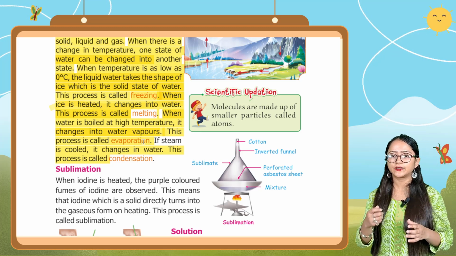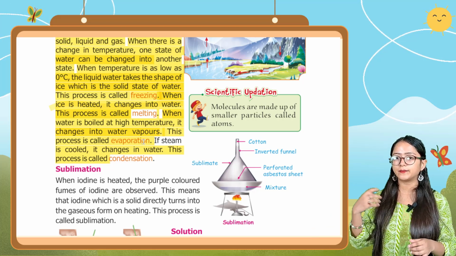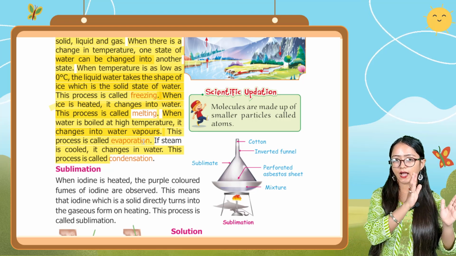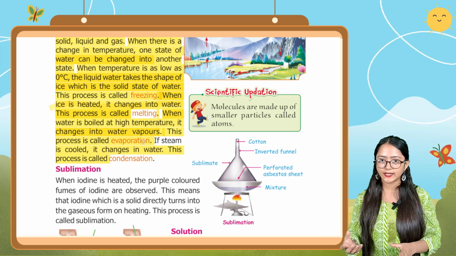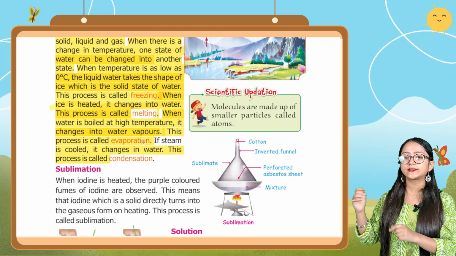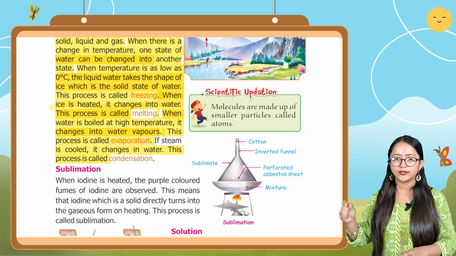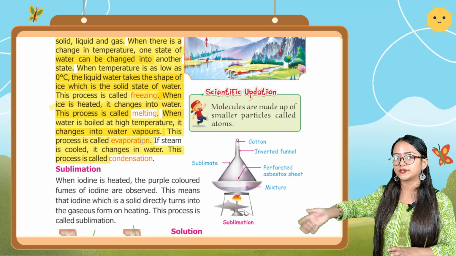Then you take out the ice cube, and after some time it melts, and the water goes from the solid state to the liquid state. Then when you boil that same liquid, that process is known as evaporation, where the water changes into the gaseous form.